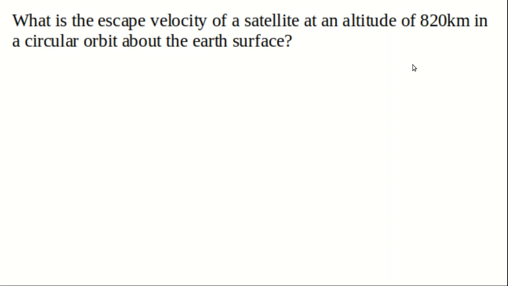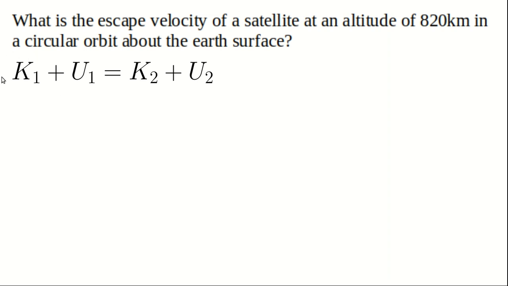Use the general formula of conservation of energy. So K1 plus U1, that's kinetic energy plus potential energy in that orbit, equal to kinetic energy plus potential energy when it is moving towards infinity, away from the Earth's surface.